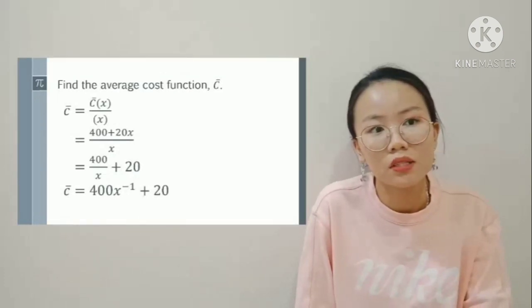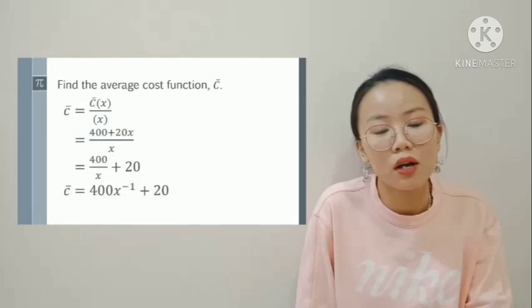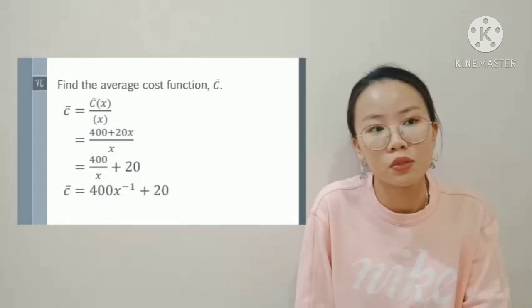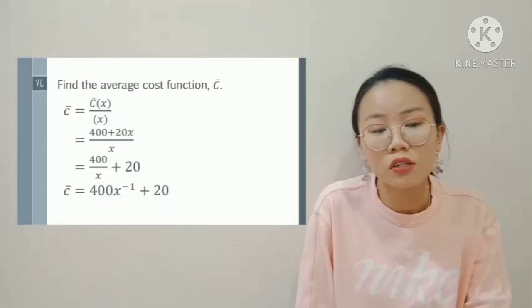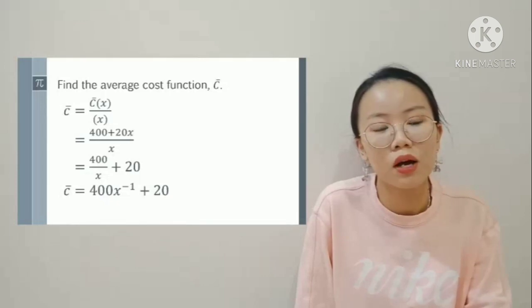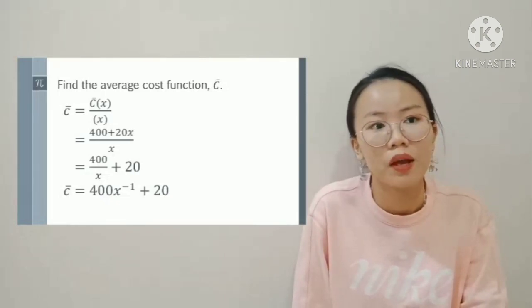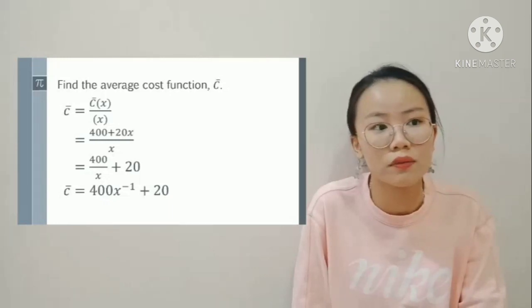We cancel the x and we get the next step, which is 400 over x plus 20, and we change the 400 over x into the exponential form. We get 400x to the power of -1 plus 20 as the average cost function.